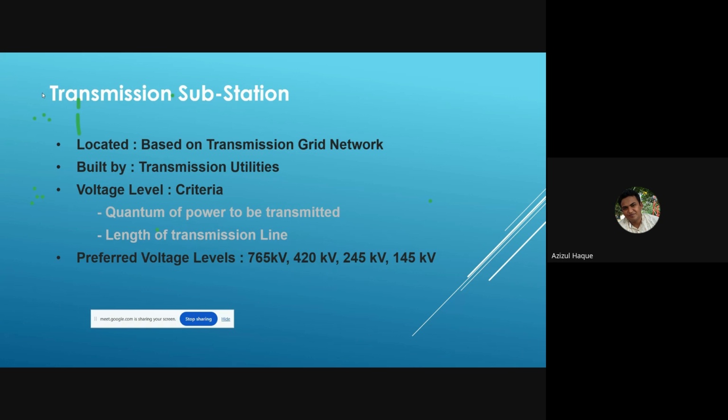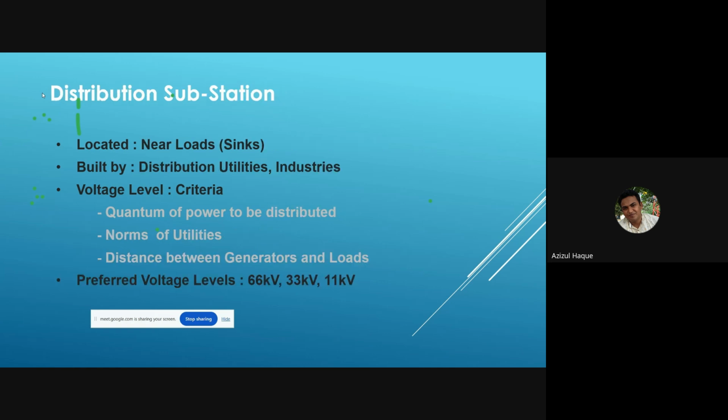Nowadays, it is preferably 765 kV, 420 kV, that is the peak voltage, and 245 kV. The quantum of power to be distributed depends on the capacity of the power plant.